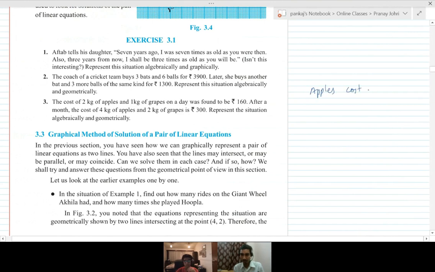Now we need to specify whatever the unit is, like in this case per kg. That is very important, otherwise you get confused. Then grapes cost is equal to y per kg. So 2x plus y is equal to 160.